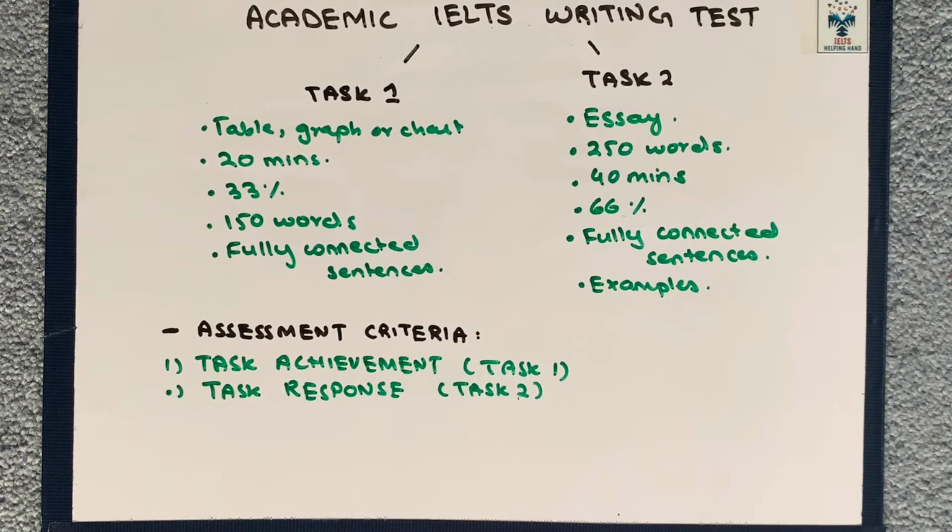Task response includes how well you develop your argument in response to the task. Ideas should be supported by examples, and response should be at least of 250 words in length.